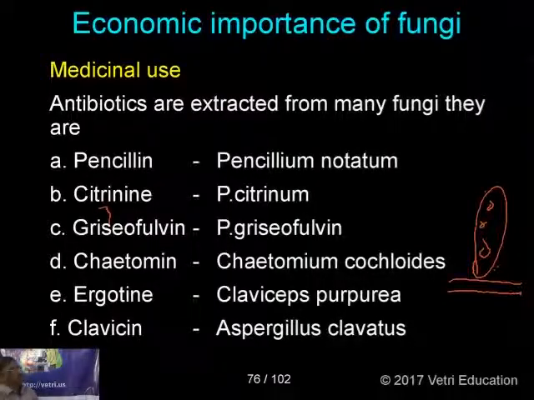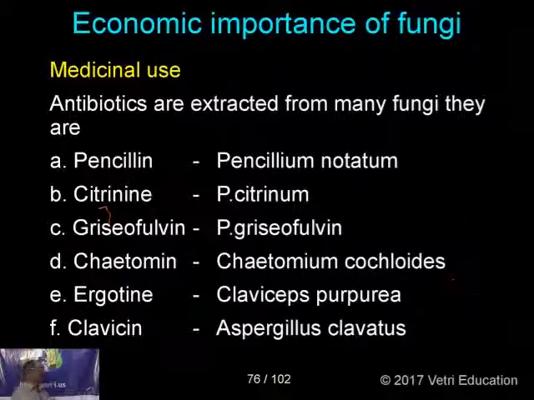Next, medicines. The excellent, miracle medicine, that is penicillin, was developed by Alexander Fleming in 1929. It became a miracle drug, and penicillin is obtained from Penicillium notatum and Penicillium chrysogenum. And citrinin, these are all antibiotics which help to kill the microorganisms.